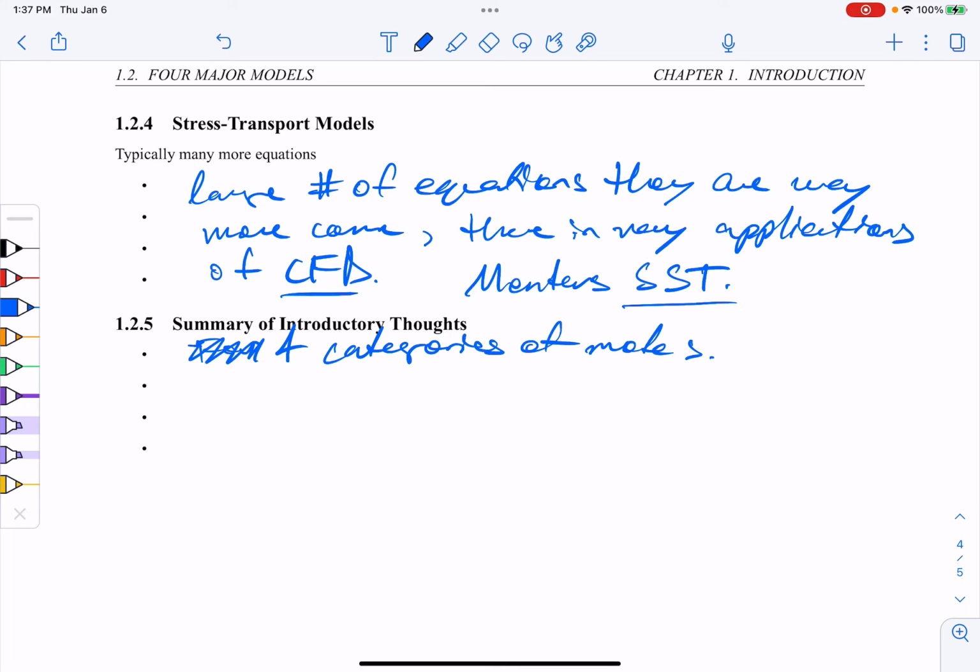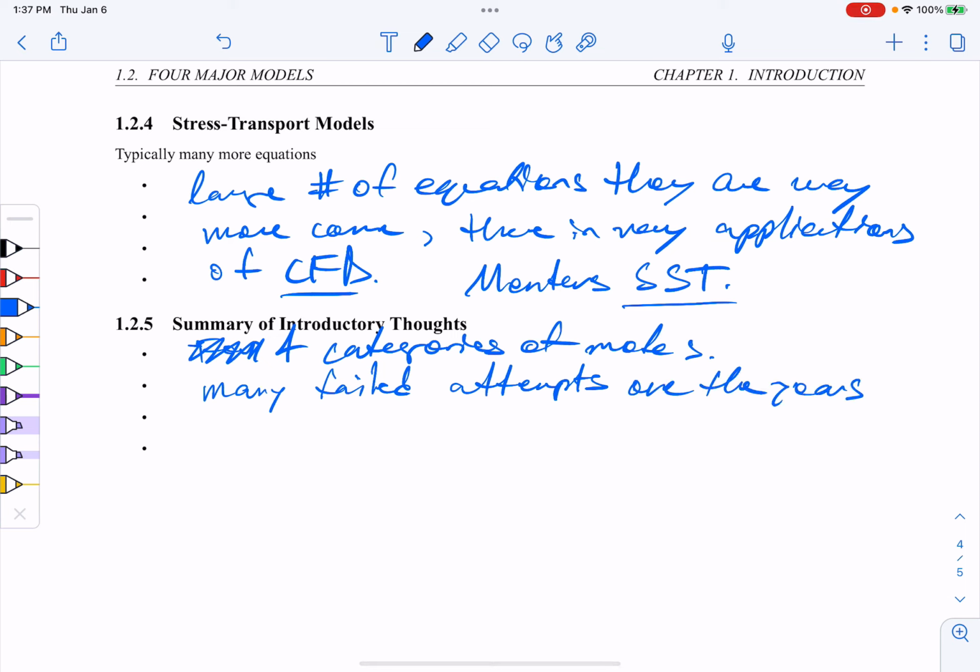And there are more failed attempts in turbulence modeling than there are publications, because generally you only publish research that has advanced things, and that's correct. So many failed attempts by people a lot smarter than me to create new and excellent models.